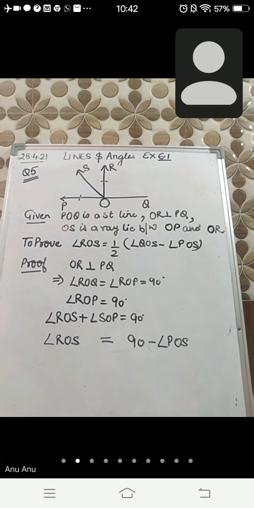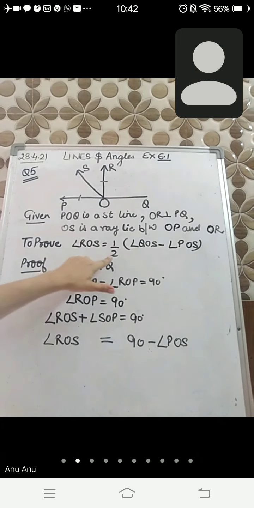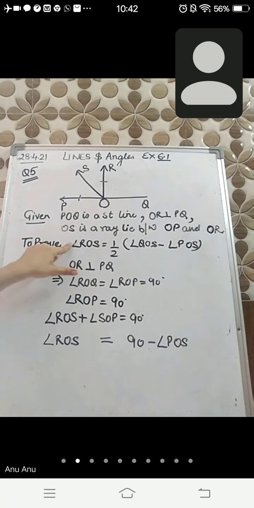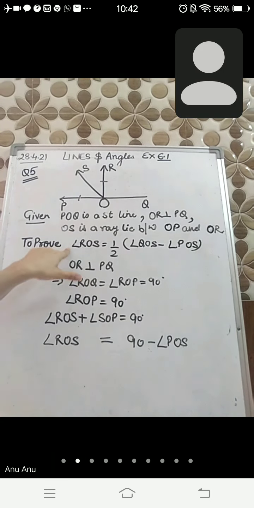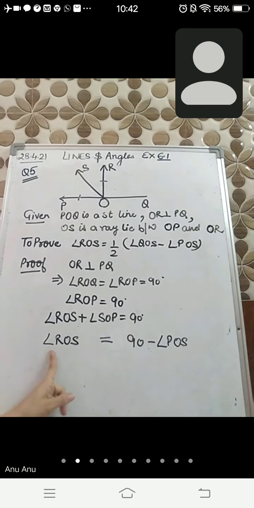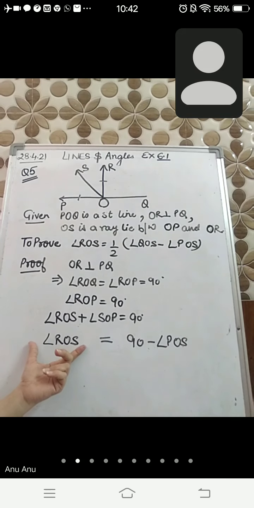Okay. Now we want twice of ROS. Means ROS is occurring 2 times. So if I add ROS on both sides, it will become twice of ROS. Why are we doing so?